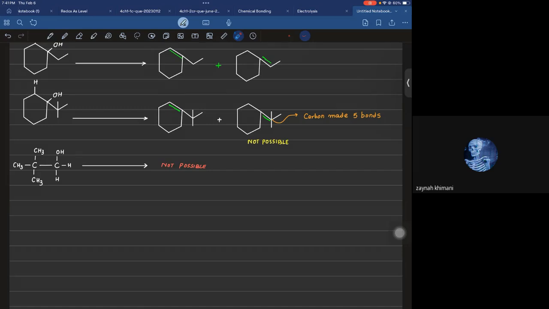On the adjacent carbon hydrogen होना चाहिए. If there is no hydrogen, the dehydration is not possible. Remember, there should be hydrogen on the adjacent carbon.